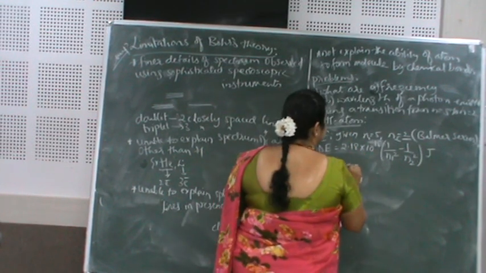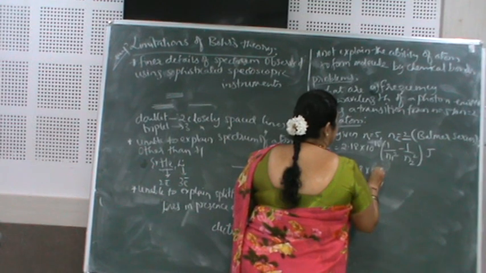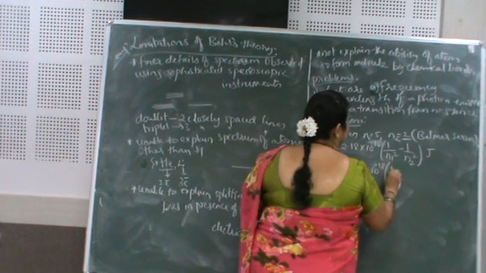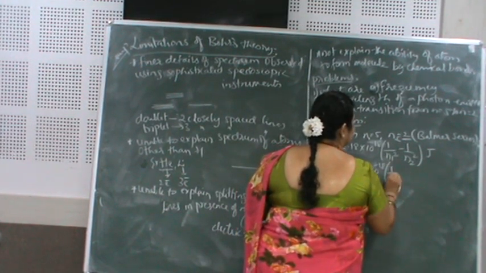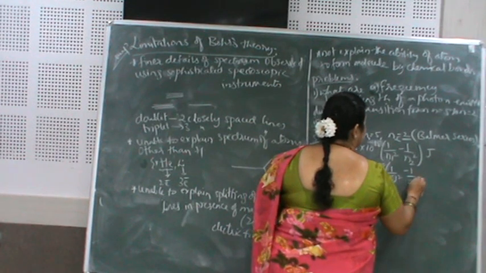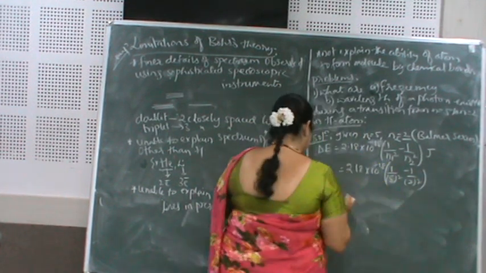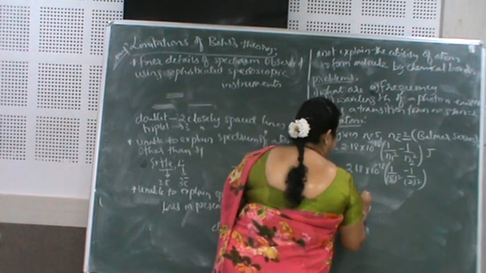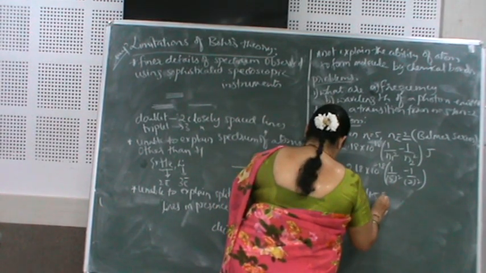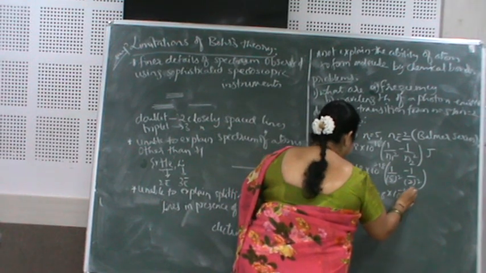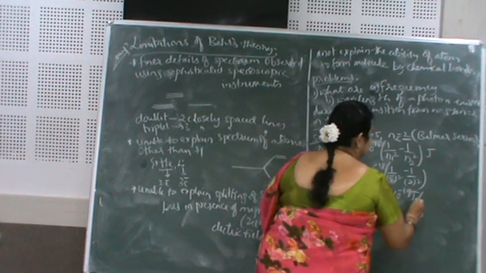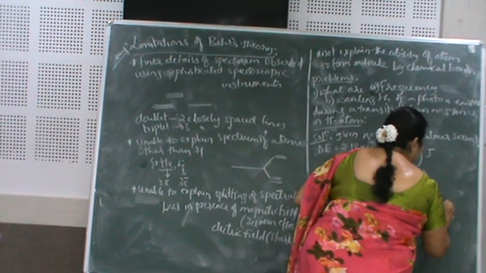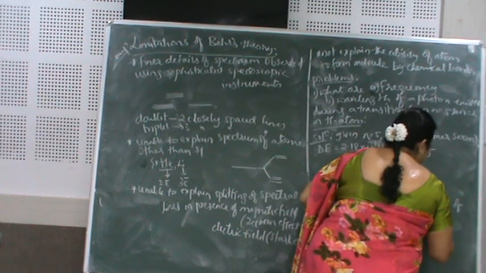So that is 2.18 into 10 raised to minus 18 into 1 by 5 square minus 1 by 2 square. If you simplify this, you will get minus 4.58 into 10 raised to minus 19 joules, and this is the energy of emission.